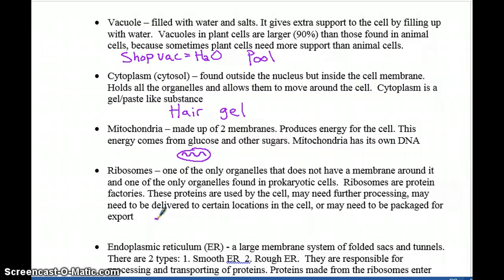They do not have a membrane around them, but their job is to produce proteins. They are producing proteins for the cell. I like to think of them as construction workers, because proteins are going to do all kinds of things for your cells. They're going to build things and make things.